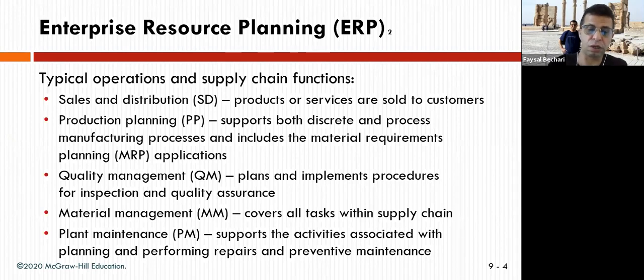We'll talk more about it in detail. Part of the ERP is usually quality management, material management, and plant management and planning, which supports activities associated with planning and performing repairs and maintenance. These could be one full ERP solution with sub-modules, or different applications integrated with each other running on a certain database.